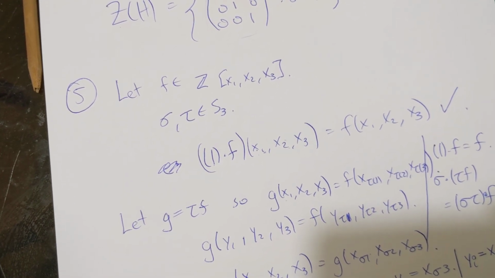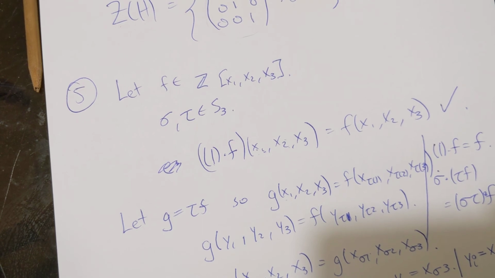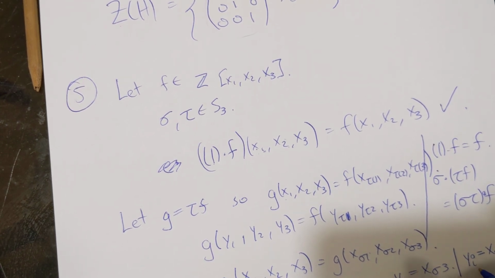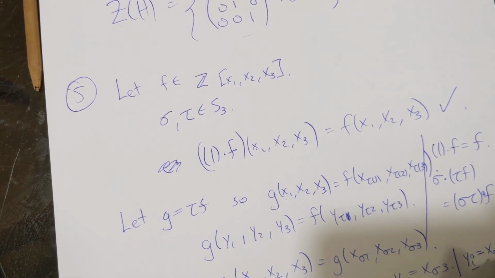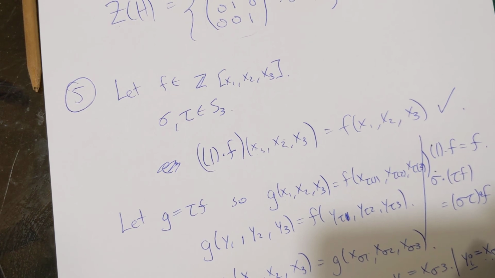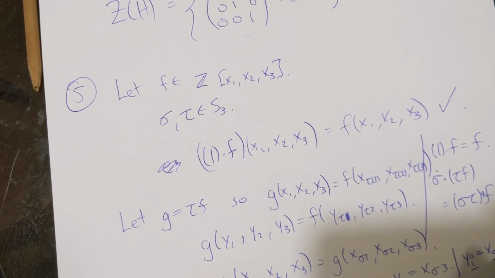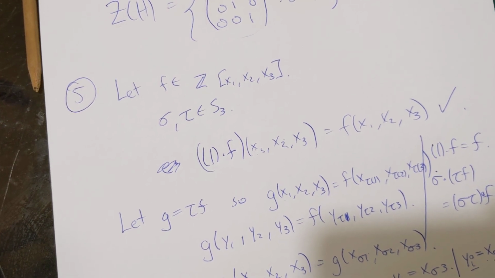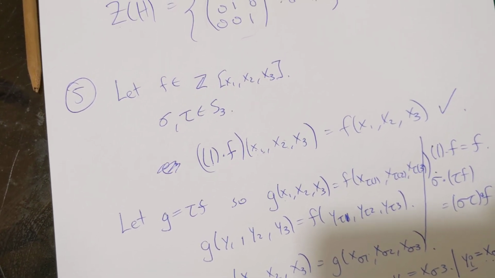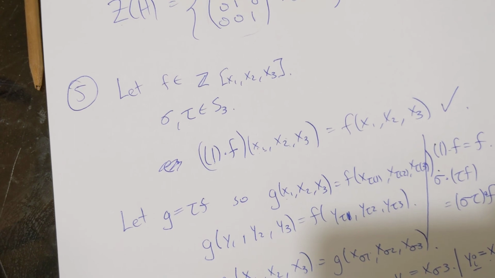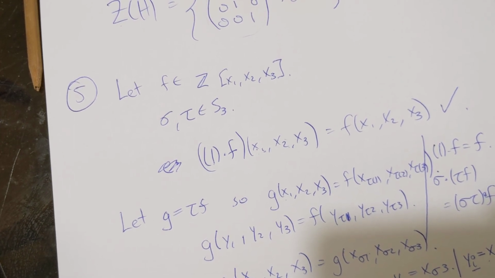So now when we see f of y tau 1, y tau 1 is just x sigma, and then the i is tau 1, so we put sigma tau 1. So this is just f of x sigma tau 1, x sigma tau 2, x sigma tau 3. In other words, this is just sigma tau times f.